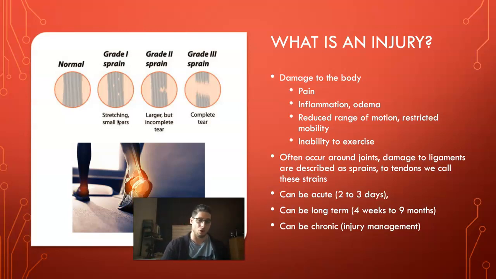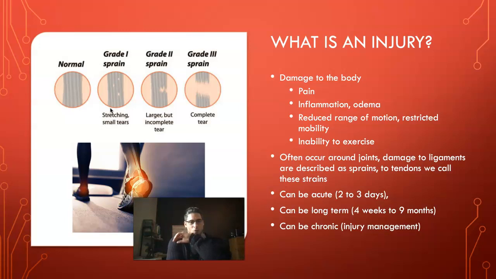The example I've got here is a ligament. We call ligament injuries sprains, and tendon injuries are called strains. Grade 1 is something that you might do in the gym, sort of like a micro tear. Might actually not be that bad. A little bit of rest, avoiding that particular exercise for a week, and you might be okay.